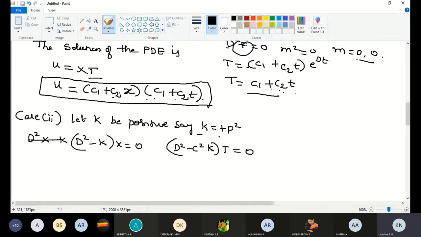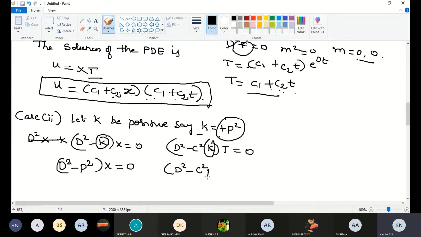Okay, in case 2, in place of k, we have to substitute plus p square. D square minus p square of x is equal to 0. And D square minus c square p square into t is equal to 0.